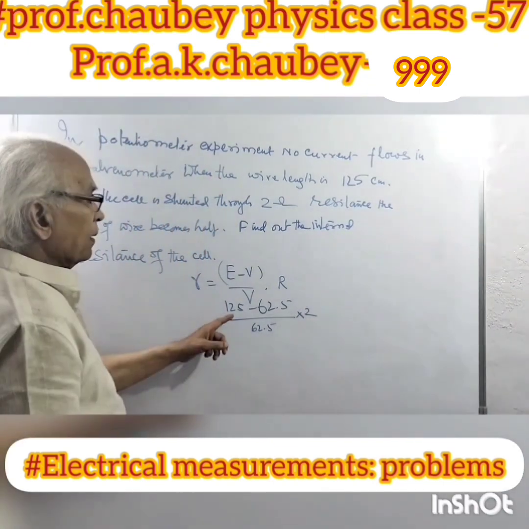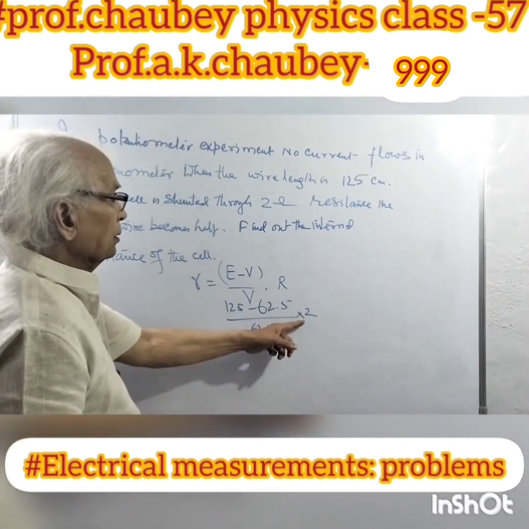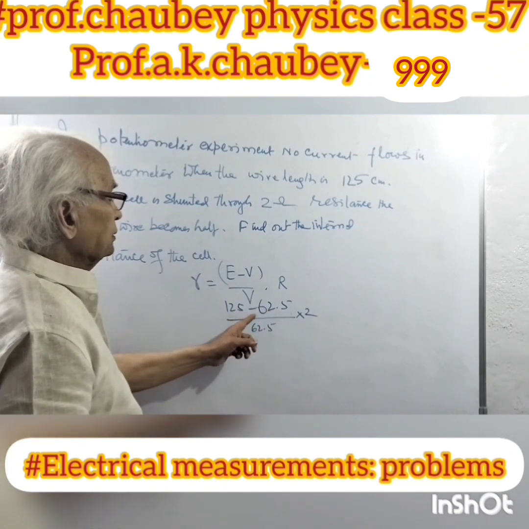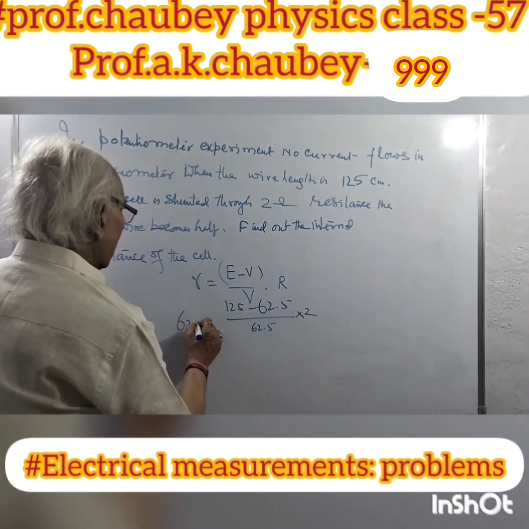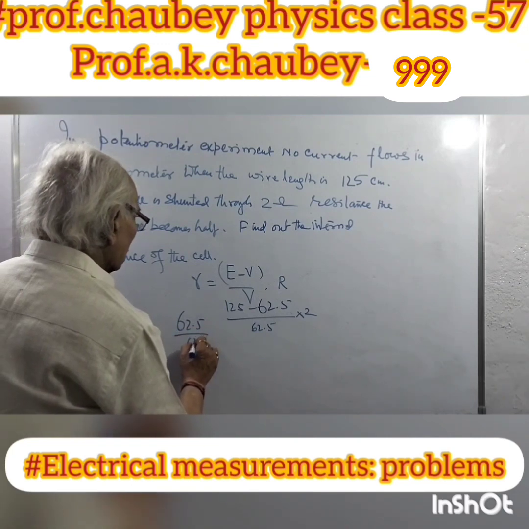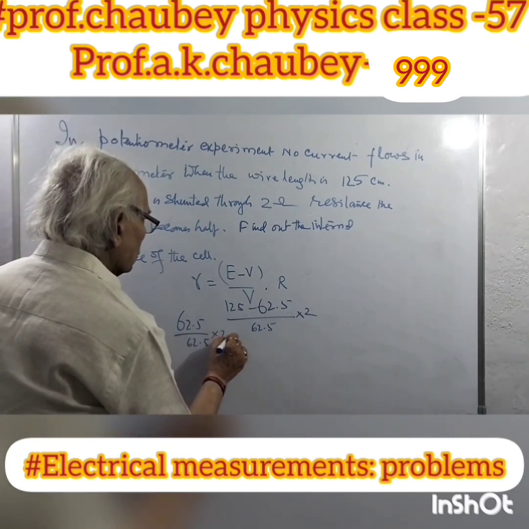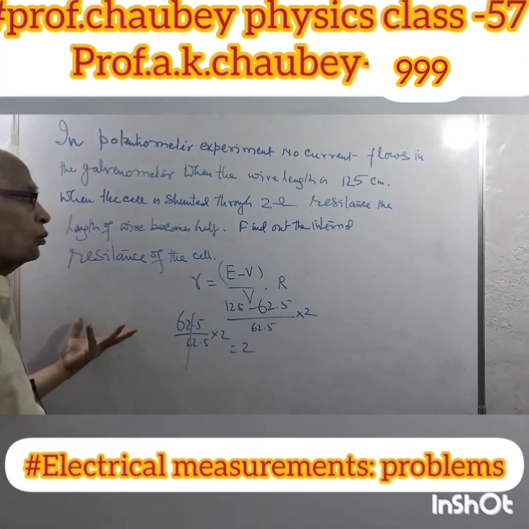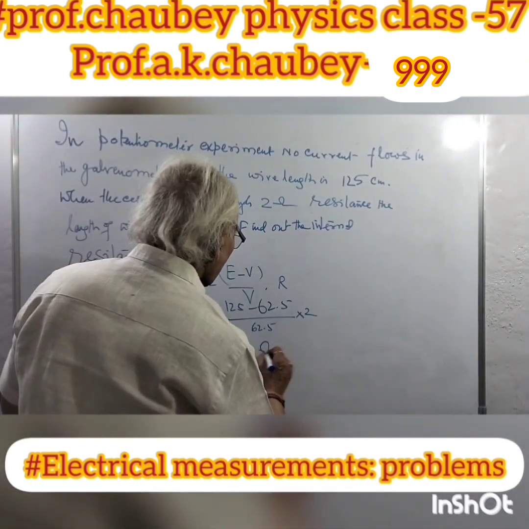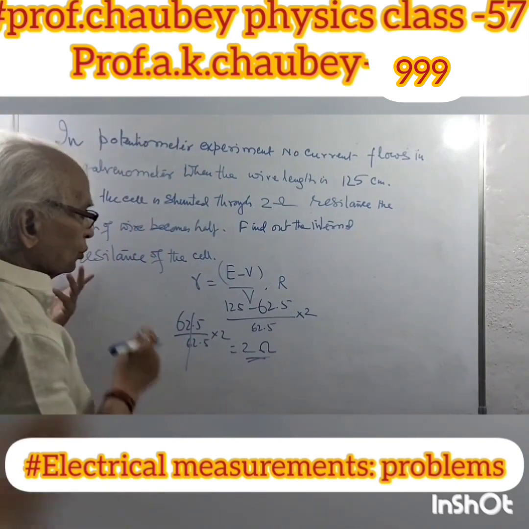So you can see, this is 62.5 divided by 62.5, into 2. This cancels, so it is 2. The answer is 2 ohm. That is, the internal resistance is 2 ohm.